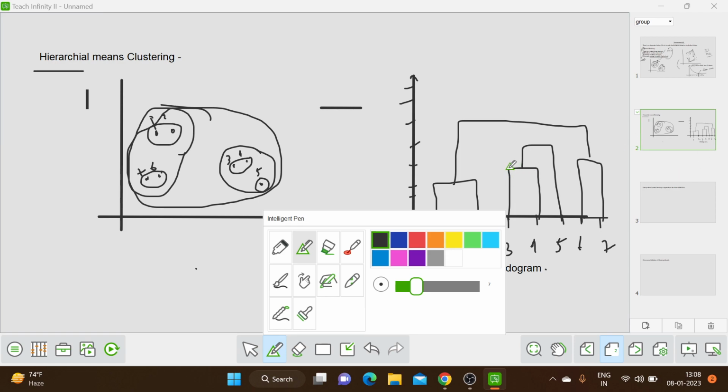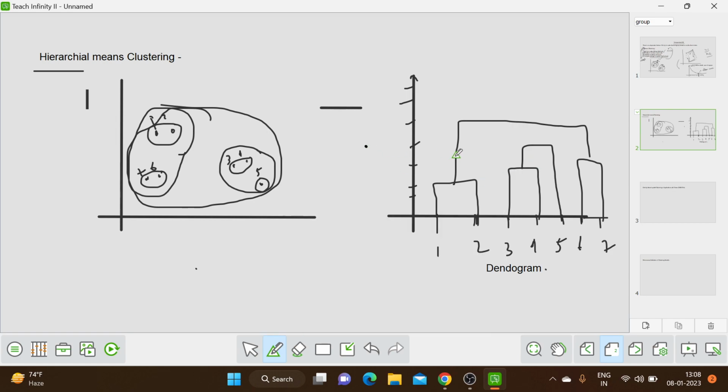We need to draw a straight line, the longest line, such that no horizontal line passes through it. So I see this. This becomes my straight line such that no horizontal line passes. It can be here, it can be here also.